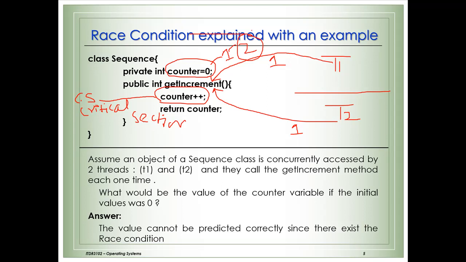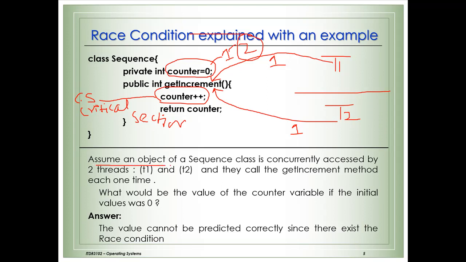The actual value should be 2, but you will not get the correct value. Sometimes you would get 2, sometimes you would get 1. So suddenly the value goes wrong. This is the scenario I have given here.